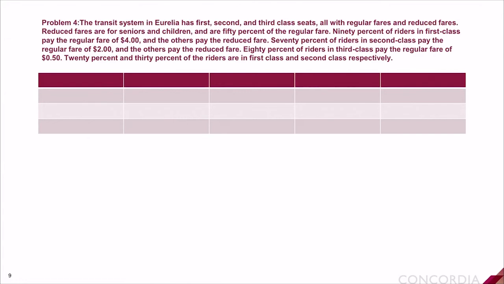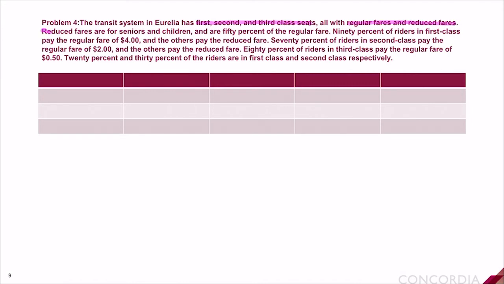So before we begin this problem, we're going to highlight the important information the problem gives us. It tells us there's 3 class seats and 2 fares, regular and reduced.